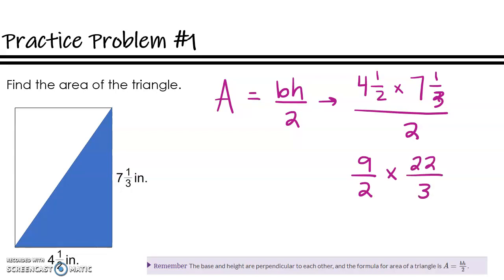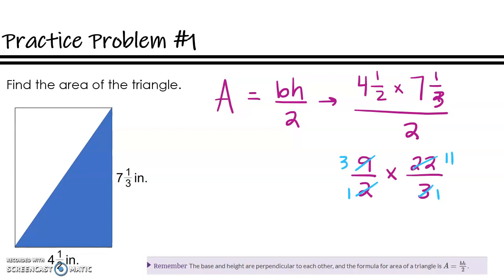Okay, and I can cross simplify. 9 and 3 are both divisible by 3, so that becomes 3, that becomes 1. 2 and 22 are both divisible by 2, so that becomes 1, and that becomes 11.